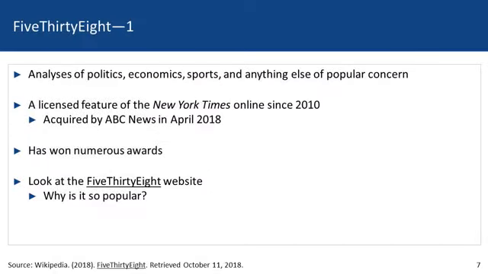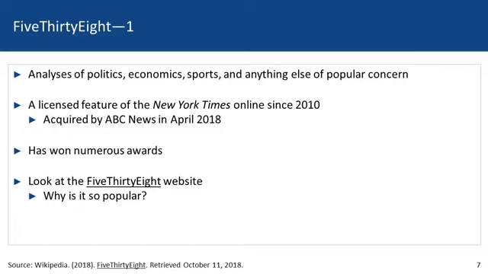Let's look at an example of a data visualization organization. I use 538 as an example here. There are many such organizations that do data visualization work. As this is a rapidly evolving field, I encourage you to take some time to explore such organizations. 538 provides analyses of politics, economics, sports, and pretty much anything else of popular concern.